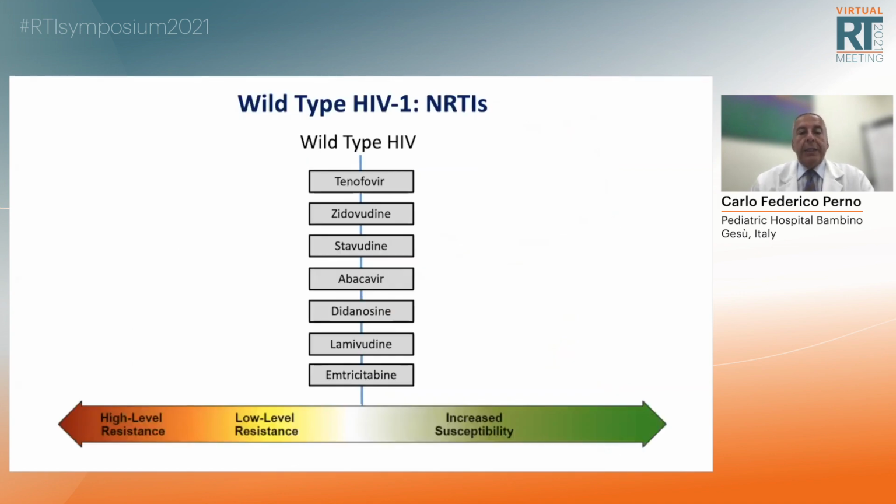Indeed, as you can see in this slide, in a wild-type virus, that is without resistance mutations, more or less all the nucleoside reverse transcriptase inhibitors act at a certain level that we call zero, so a different potency, but all of them are active against HIV.